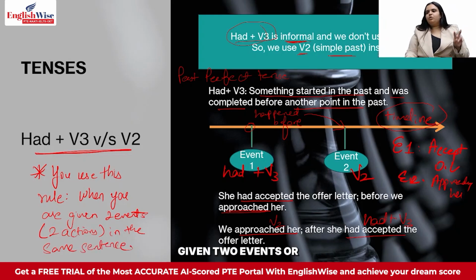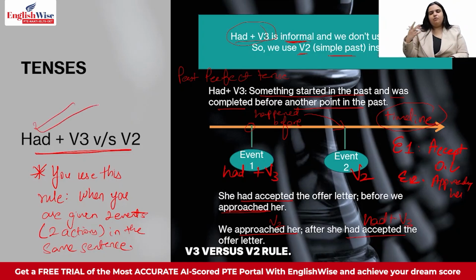If you are given two events or two actions in the same sentence, that is where you will apply this had plus V3 versus V2 rule. Otherwise you will just stick to the three steps that you have learned. First, identify the tense. Second, look for active passive, and third, look for the context.